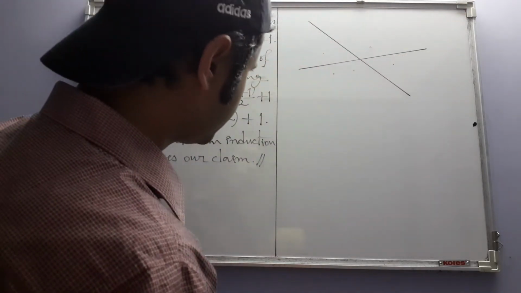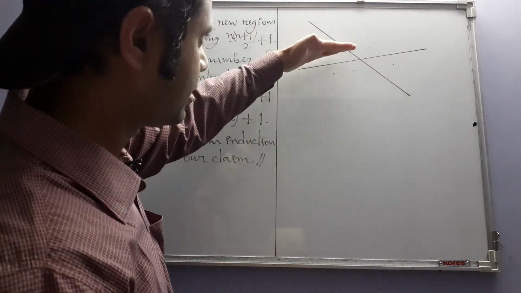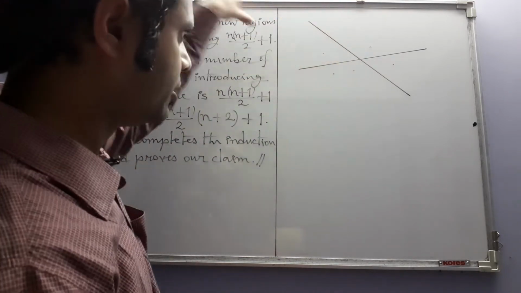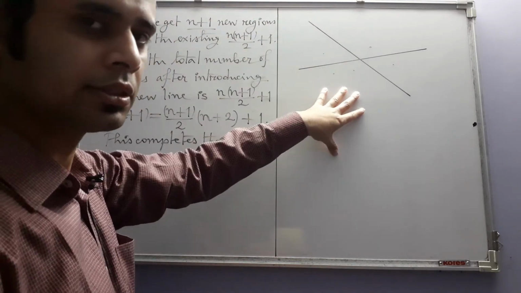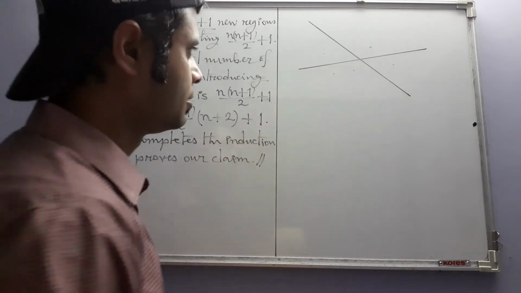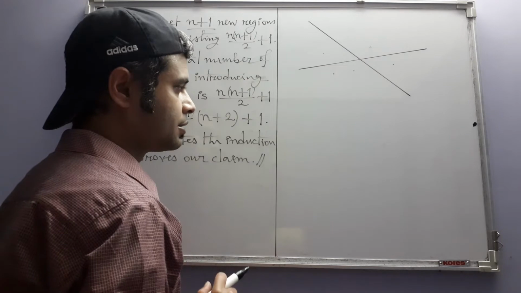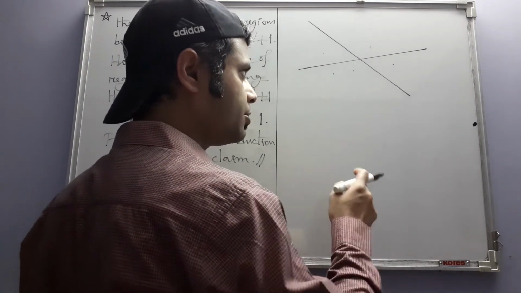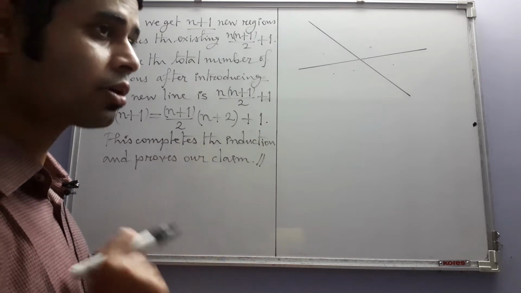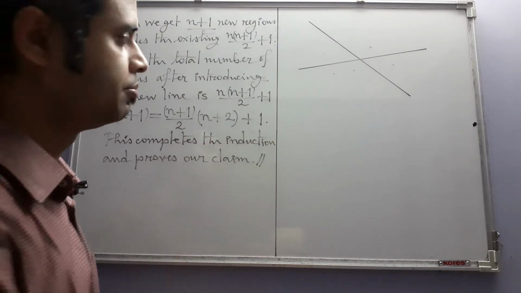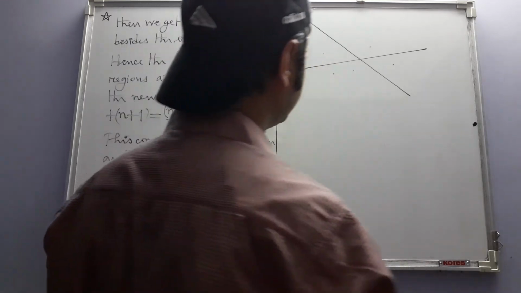So after introducing this line, we can in fact say that this new line has divided this unbounded region into two halves, because both the new sub-regions are themselves unbounded, so you can call them halves. However, if you introduce one more line, then a region will be generated which is not unbounded and which is a triangle. So we should not say half, but into two parts.